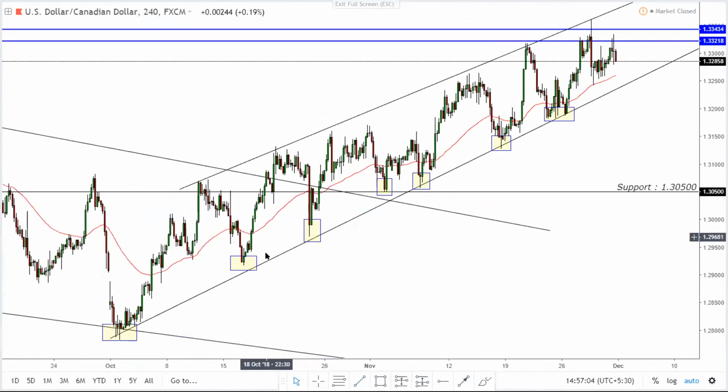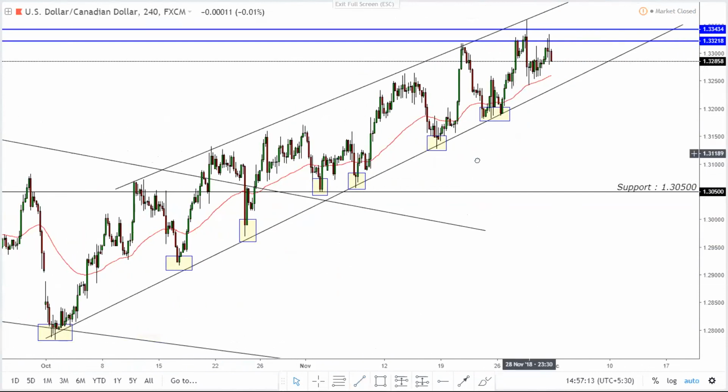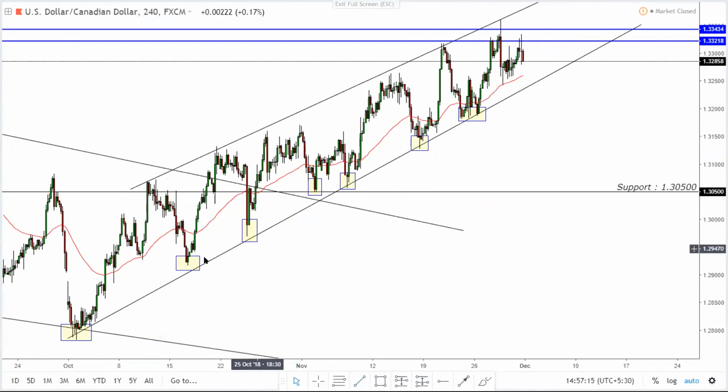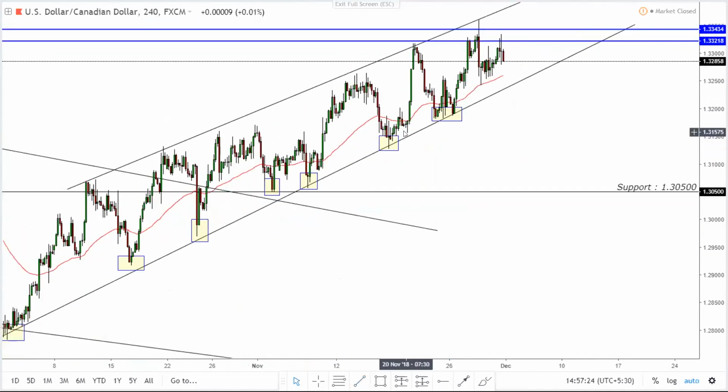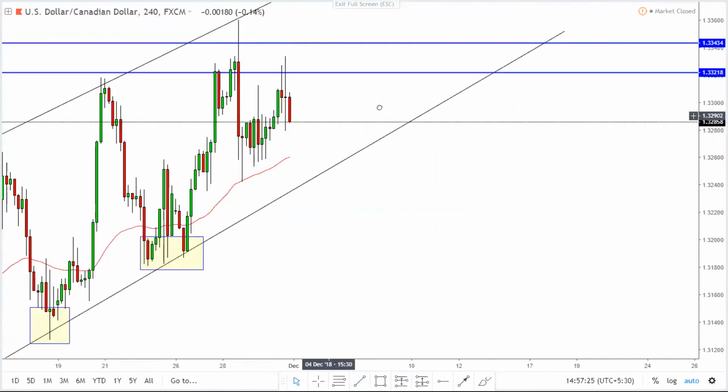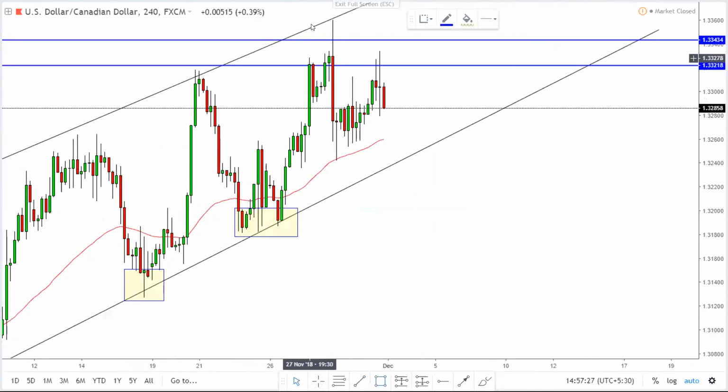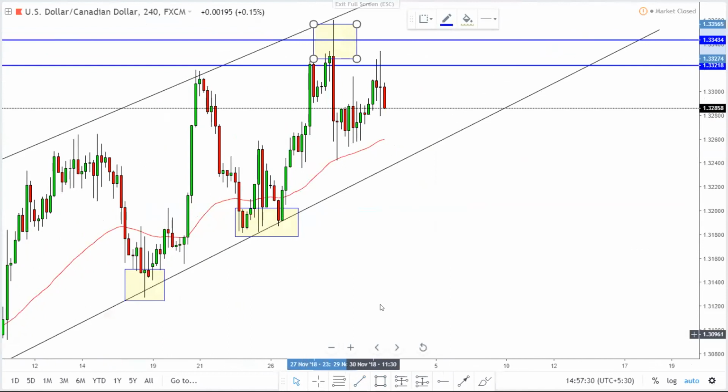On the 4 hour time frame, we can see that the pair was continually making higher highs and higher lows, and this was a strong trend since there were so many bounces from the trend line, and the pair continued the upward bullish movement. But last week, you can see here one rejection, and this one was the second.